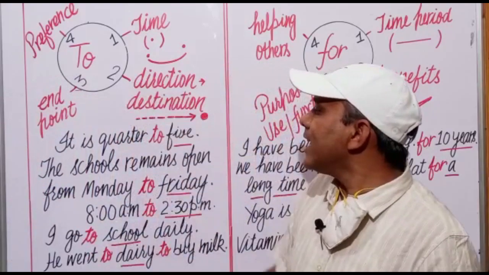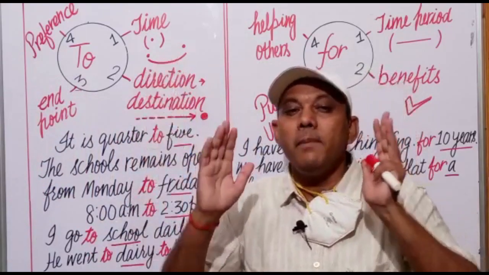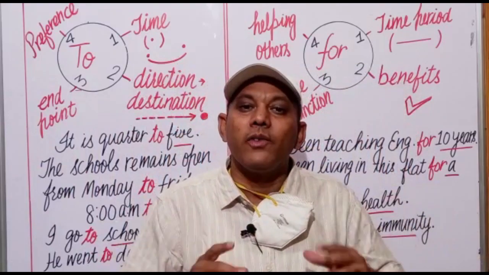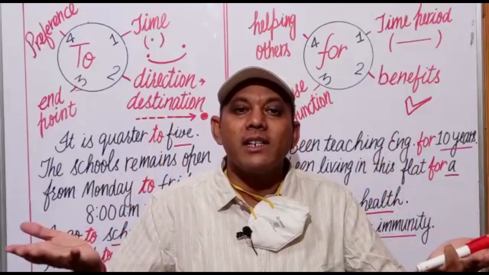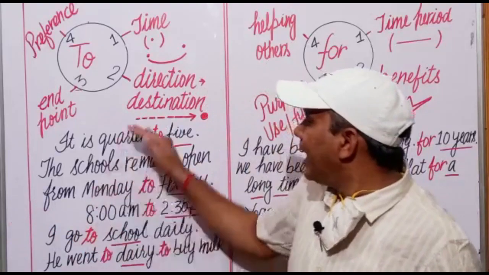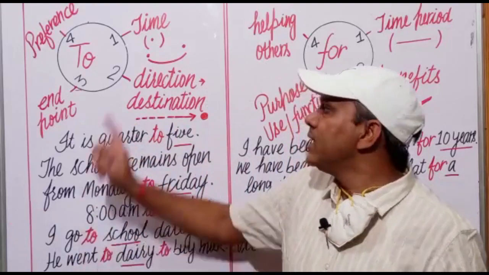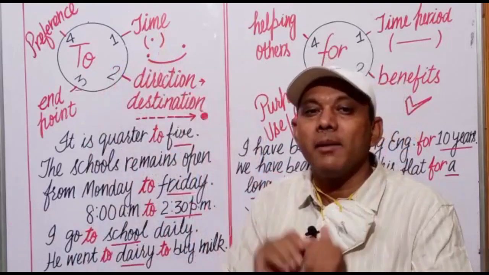Or I can say that the school remains open from Monday to Saturday or from Monday to Friday, whatever it is. Let us have some examples to clarify the uses of to in case of time.